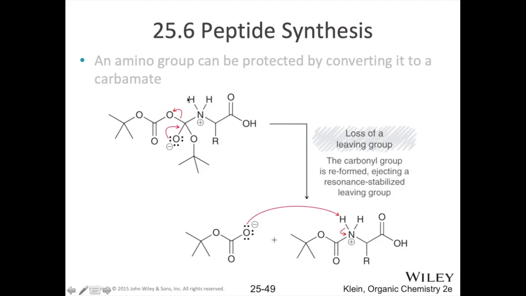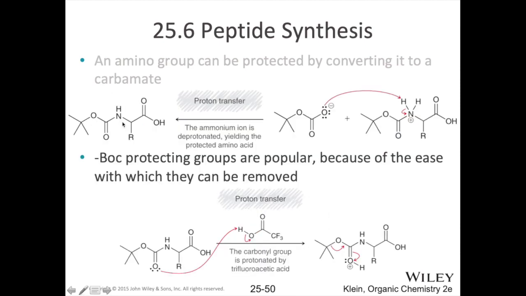Okay. So when that leaves, here's that BOC group floating around, and it's resonance stabilized, of course. Now that can also act as a base, right? We can deprotonate that nitrogen and make a more neutral intermediate. Okay, so here is our resulting neutral carbamate, right?